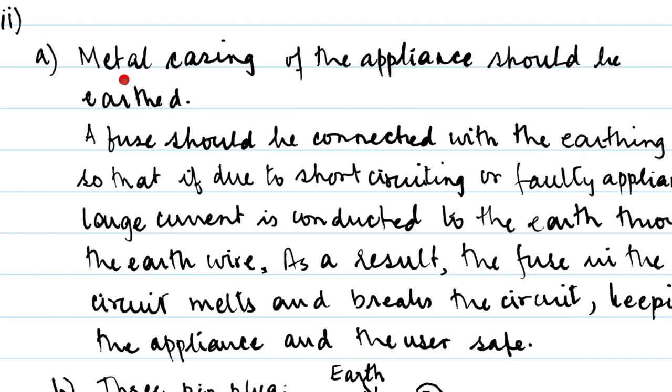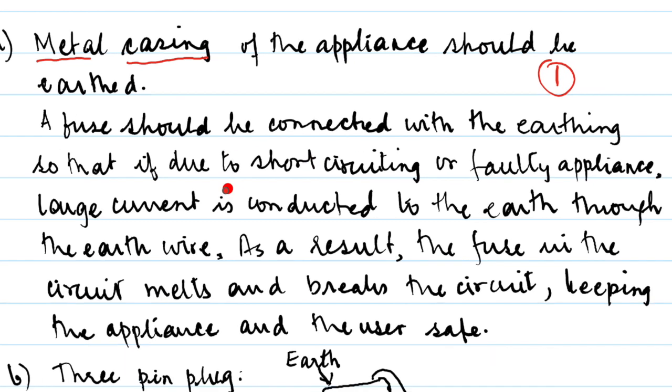So for A, we write the metal casing of the appliance should be earth, and that would be our 1 mark. Then we talk about the fuse. Where it should be connected? It should be connected with the earthing, so that due to short circuiting or faulty appliance, large current is conducted to the earth through the earth wire, and as a result, the fuse in the circuit will melt and it will break the circuit.